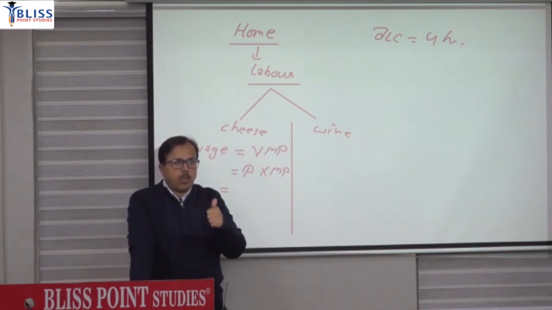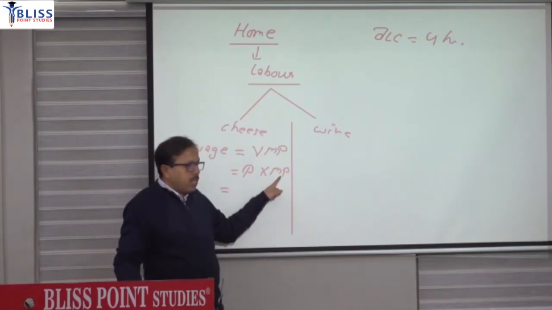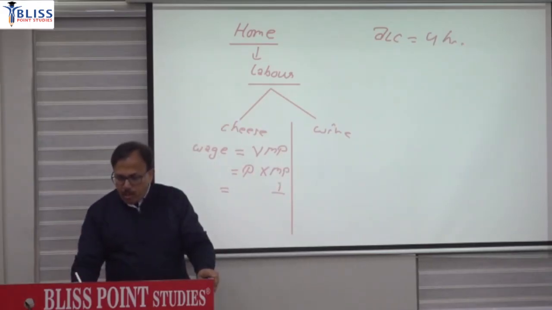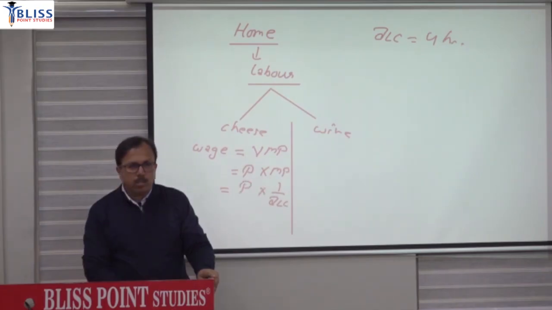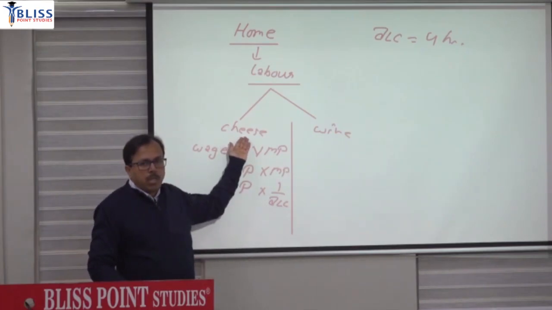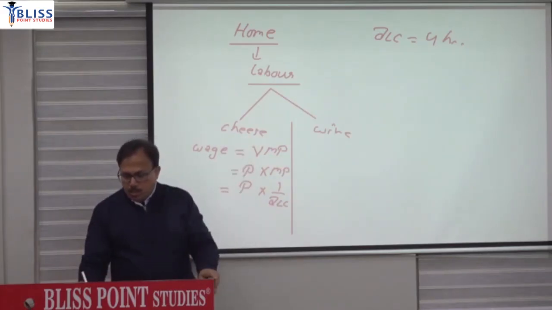So in 1 hour you can produce 1/4, and whatever you can produce in 1 hour will be called marginal product. So in place of marginal product I will write 1/ALC, and then it will be multiplied by the price. Price of what? Of the product being discussed, the price of cheese. So it will be PC. So wage is actually equal to which number?